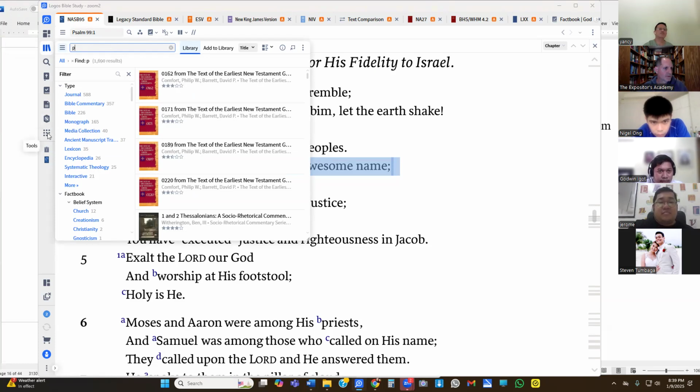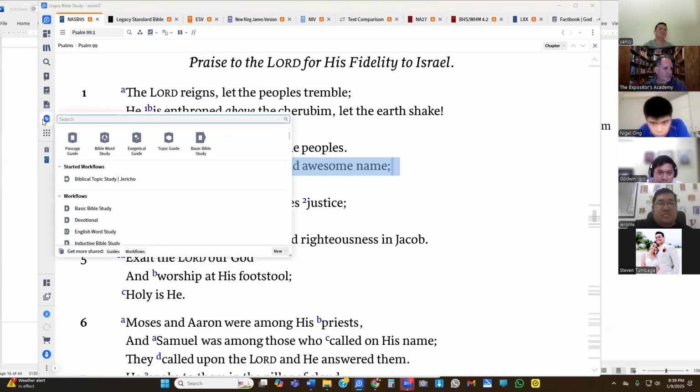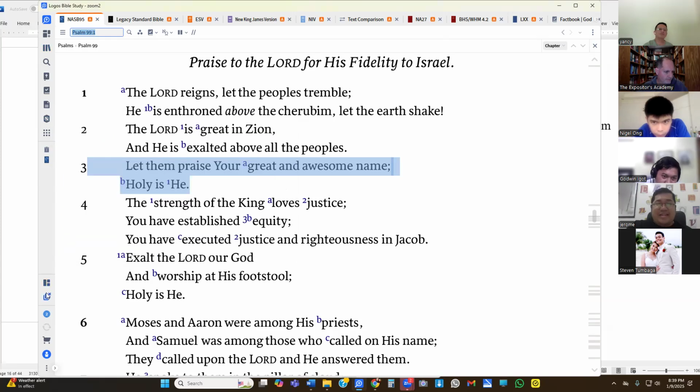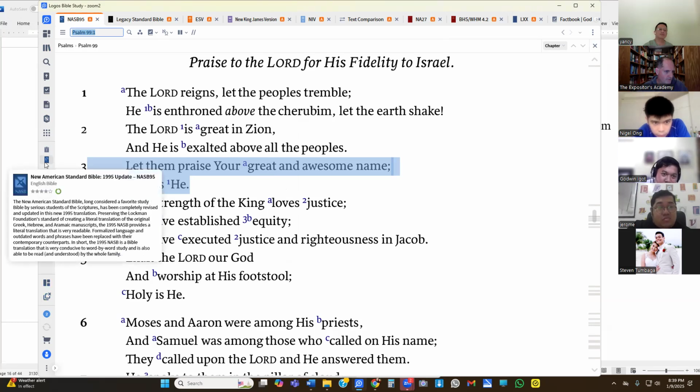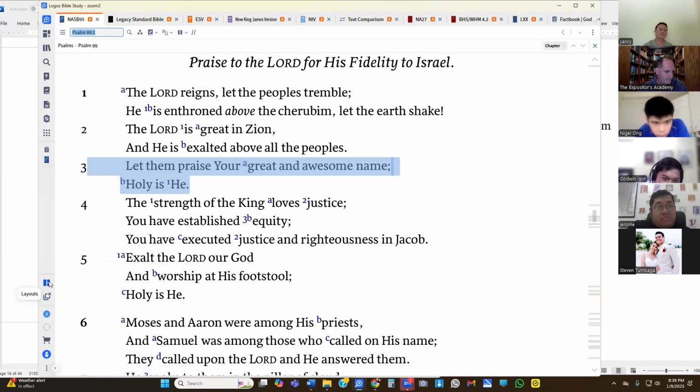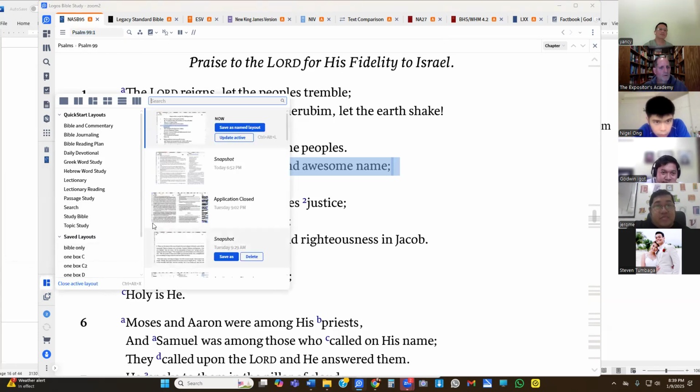Where's layouts? Tools. Oops, it's not what I wanted. No, in the lower side, left. Down here? No, that one. No, this one. Oh, there's Psalms. There's no Psalms here.